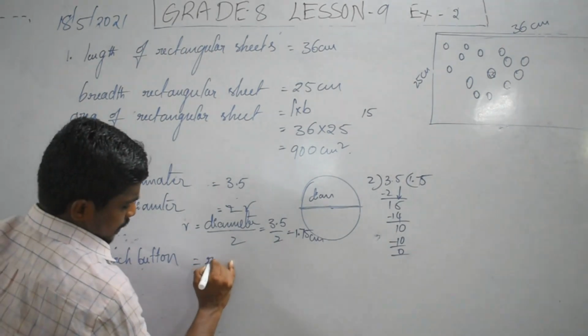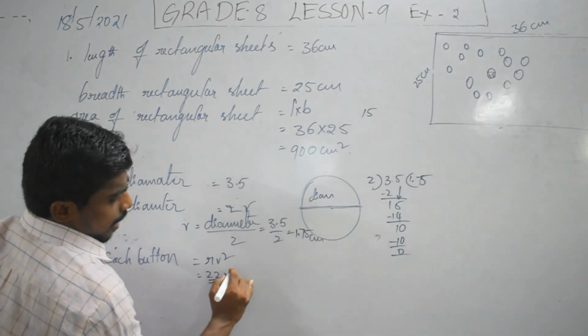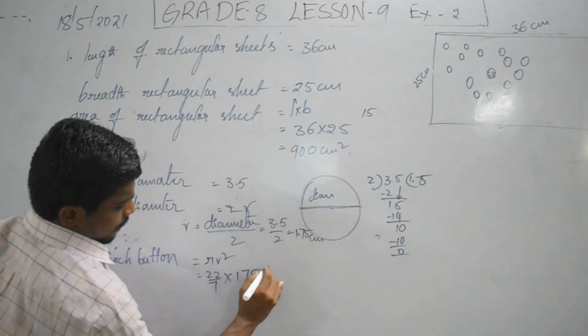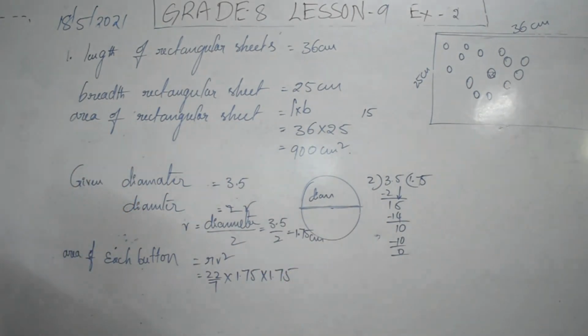Now pi r square. Pi value 22 by 7. R value 1.75, cross out 1.75. So both ones you multiply, 1.75 and 1.75.